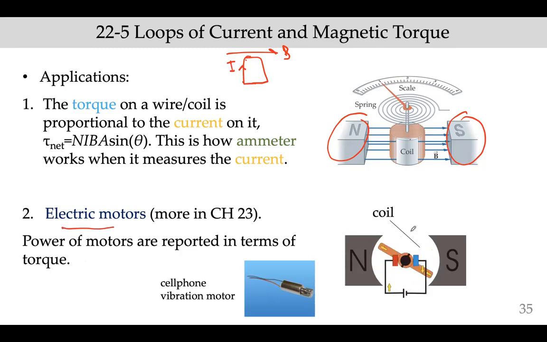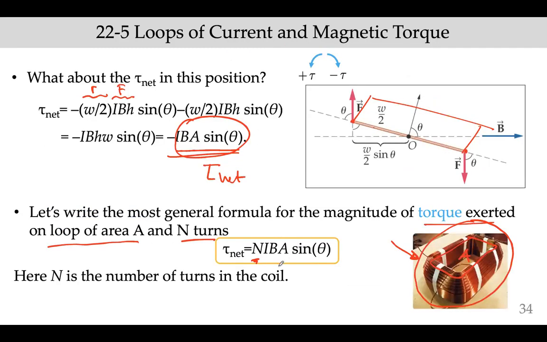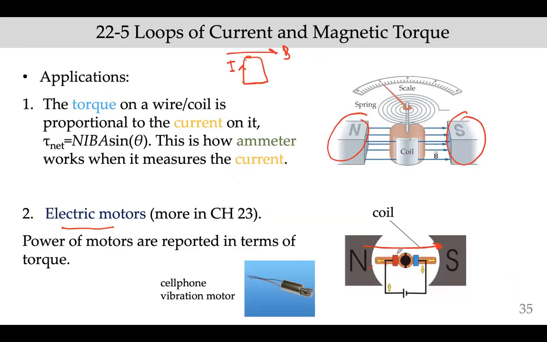You have the coil, there are magnetic field lines from north to south, there's a current, and there's a force all the time, as we mentioned before. It is these forces that create torque, and that torque turns this coil, and in turn you can connect it to a car or anything so that it creates mechanical force, so mechanical work.